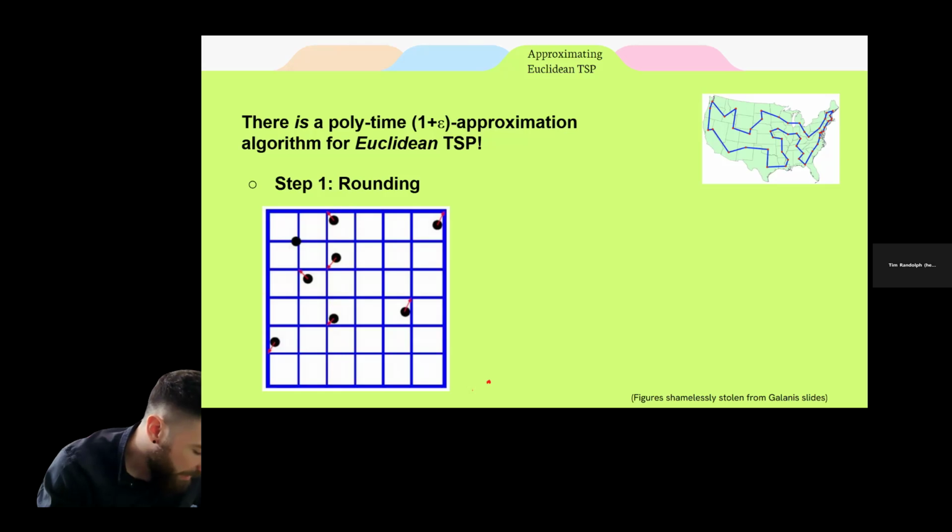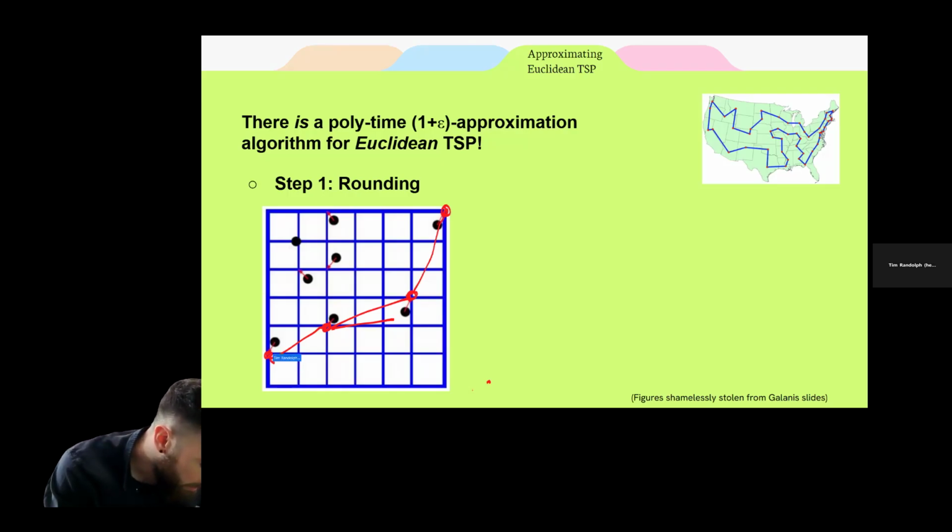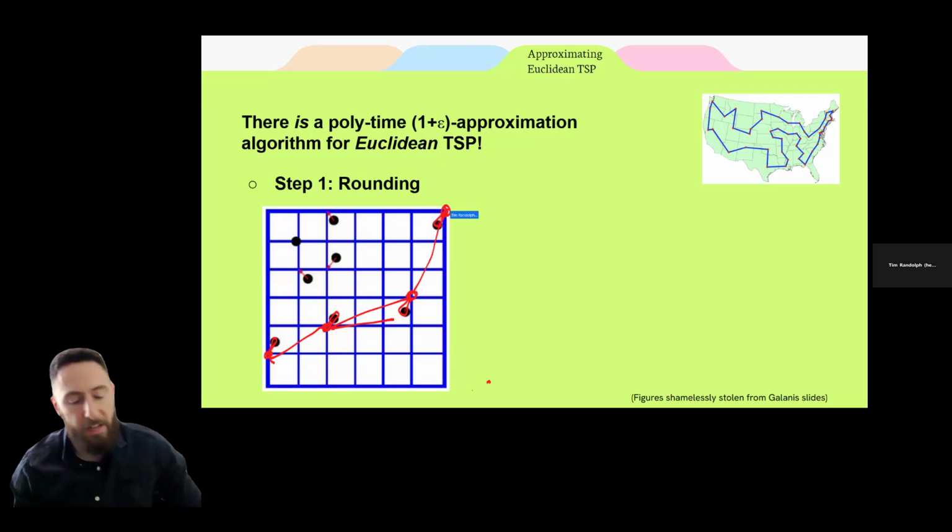Reason being, if I have some solution to the rounded problem, let's say maybe my solution goes from this point to this point to this point to this point, and so on, I can actually change this into a TSP tour that works for the original instance by saying, all right, I'll just make a little excursion from each of the rounded points to touch the actual point.